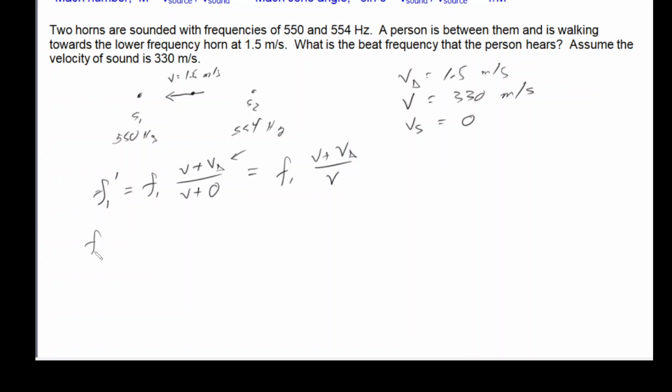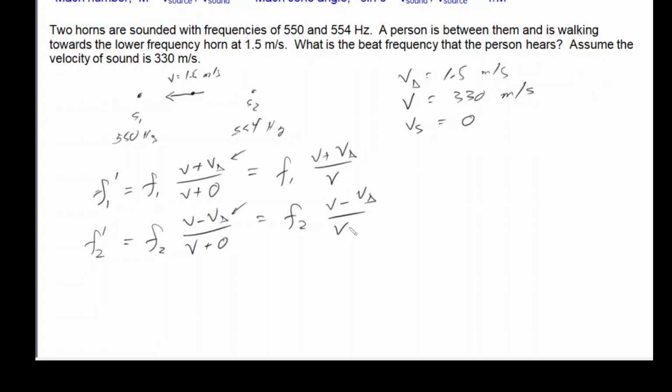Now let's look at the Doppler frequency that would be detected from source 2. That's equal to the frequency of source 2 times v of sound minus v of the detector over v of sound plus 0. And we're using a minus sign in the numerator because we're walking away from source 2, and because that is what the rules tell us to do. So that's equal to f2 times v minus v detector over v of sound.